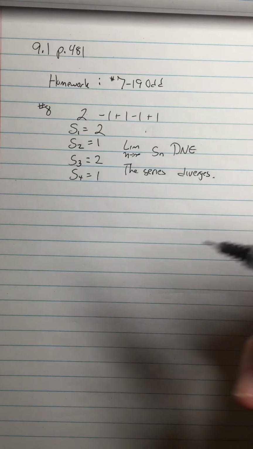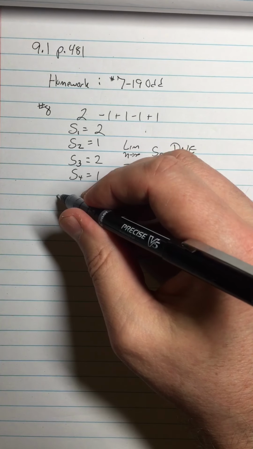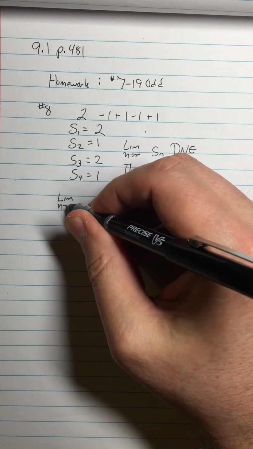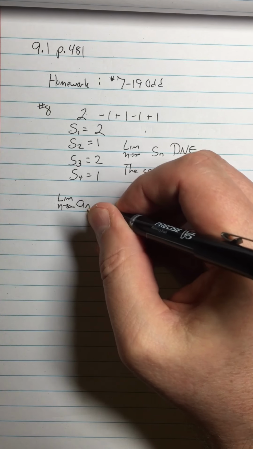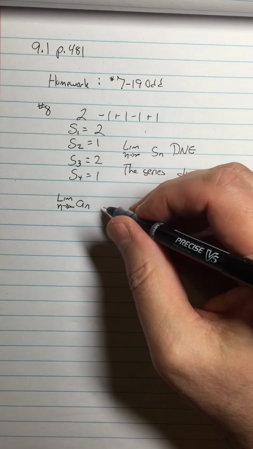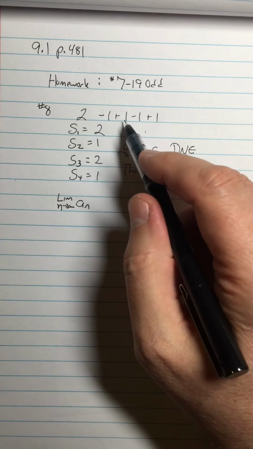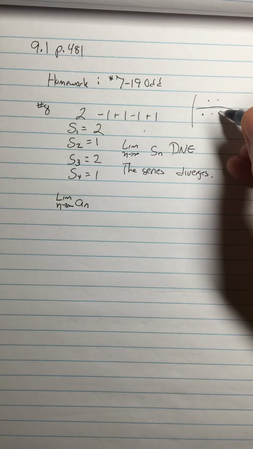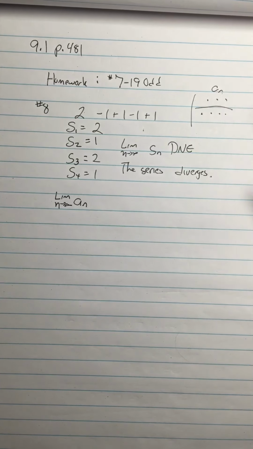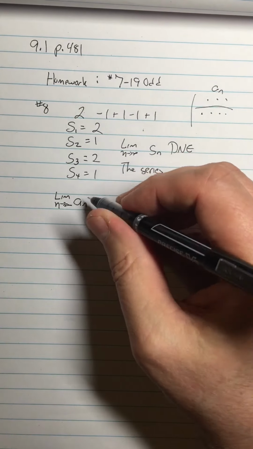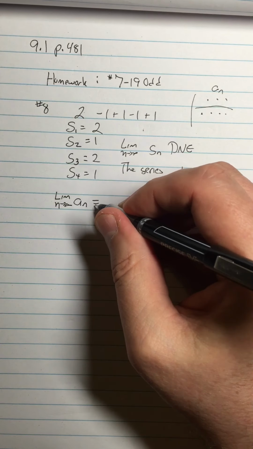Of course, by the way, you can also conclude that the limit as n approaches infinity of a sub n also does not exist, because we're just alternating between 1 and negative 1. This is what a sub n is doing, not S sub n. So for a sub n, the limit is not equal to 0.